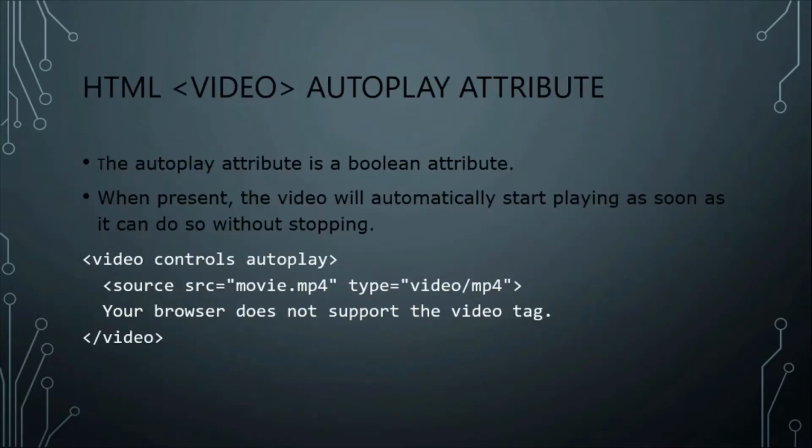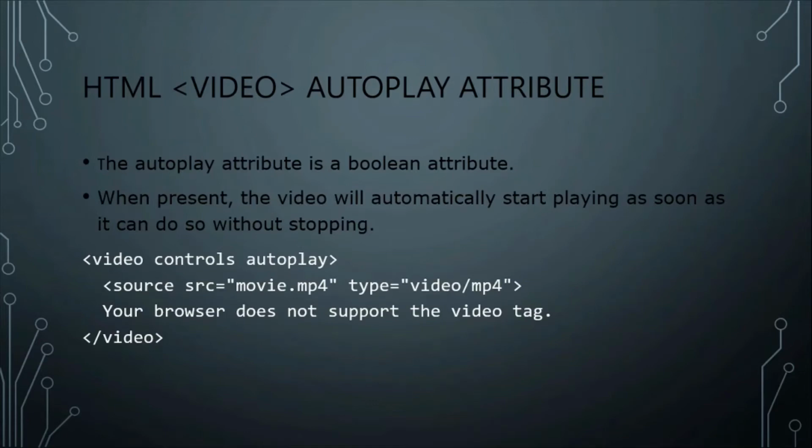So now let's go to the autoplay attribute. The HTML video autoplay attribute is a boolean attribute. When present, the video will automatically start playing as soon as it can do so without stopping.